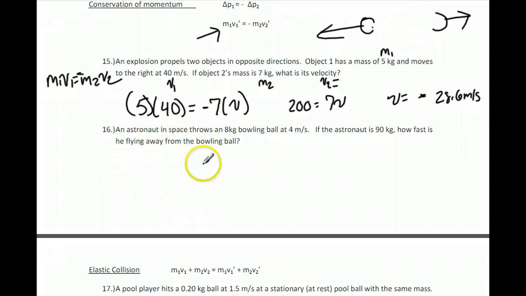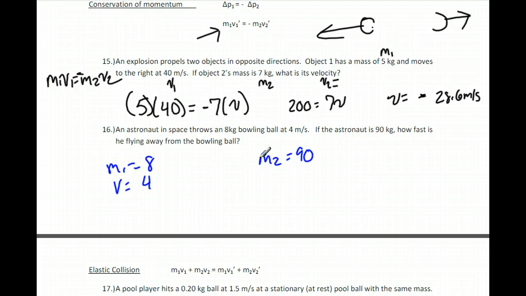An astronaut in space throws an 8-kilogram bowling ball at a velocity of 4 meters per second. If the astronaut is 90 kilograms, how fast does he fly away from the bowling ball? So we're looking for V2.